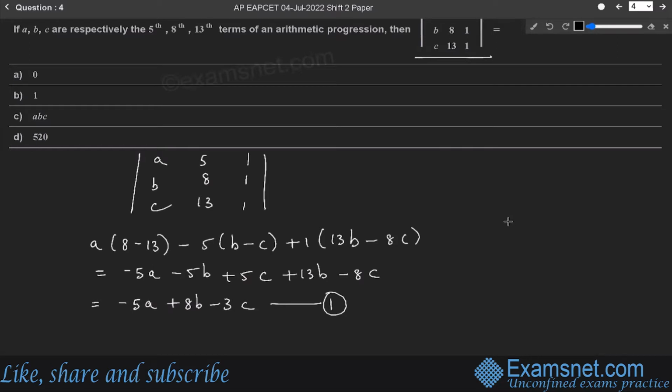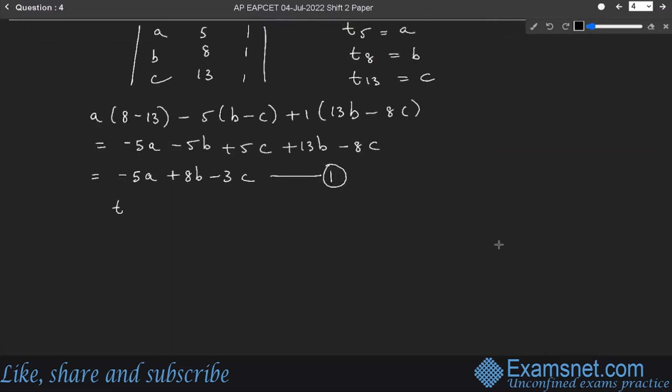Now, some values are given in the question, which is T5 is equal to A, T8 is equal to B, and T13 is equal to C. Means the 5th term is A, the 8th term is B, and the 13th term is C. We know a formula, Tn is equal to A plus (n minus 1) into D. Here we will put A equal to T1, just to not get confused, because you can see that here also the values are in the form of T. So let A is equal to T1 here.